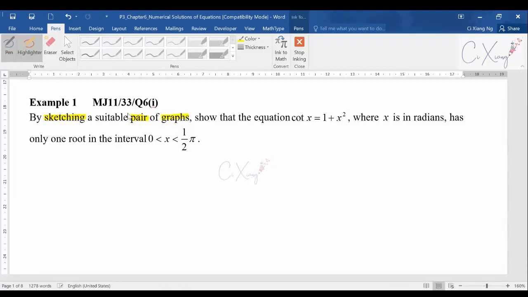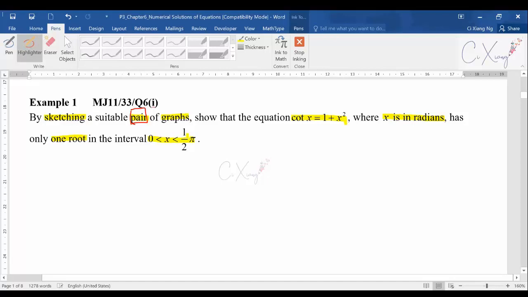So you see the word pair, right? That means you have to sketch 2 graphs. And they want you to show that the equation cotangent x equals 1 plus x squared, where x is in radians, has only one root in this interval.